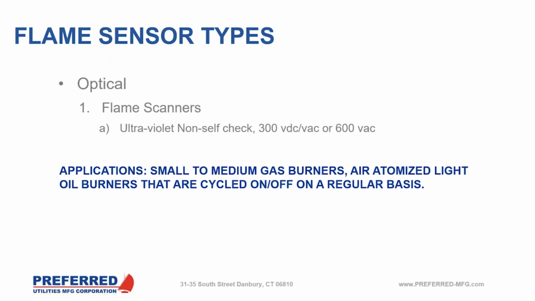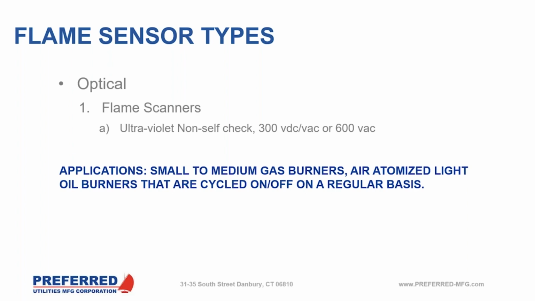The non-self check scanners are going to be applied on small to medium gas burners or air atomized light oil burners. And here's the key: on the ones that are cycled on and off on a regular basis.